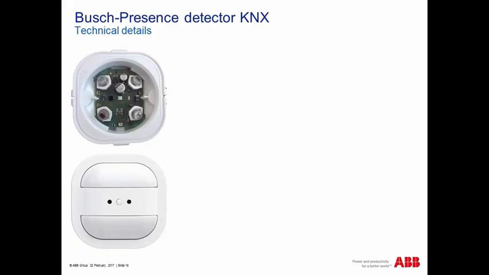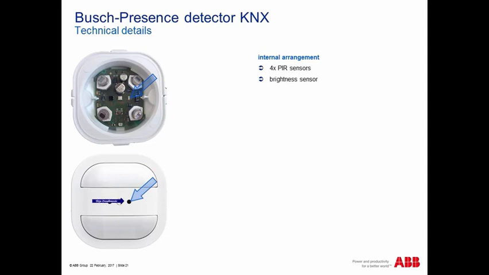Let's come to some technical details. This is only an example of how the internal arrangement of the detectors is. Here we have inside 4 PIR sensors. We have a brightness sensor sitting here outside.